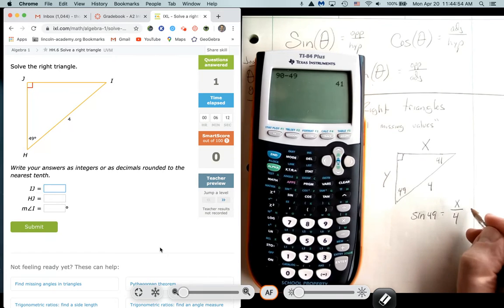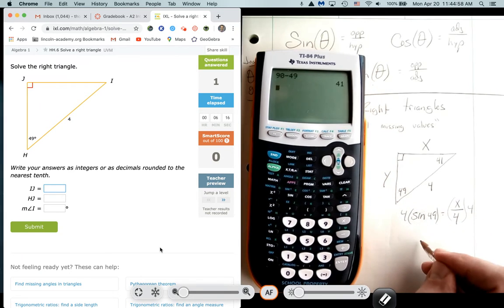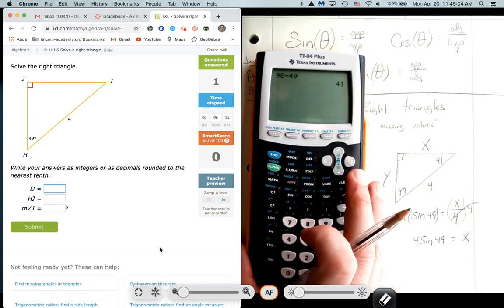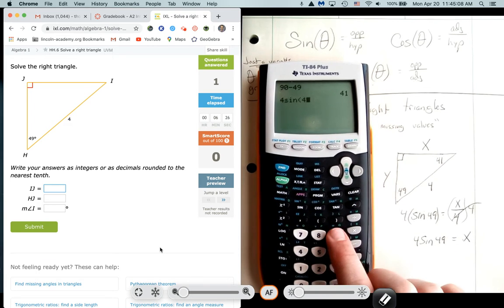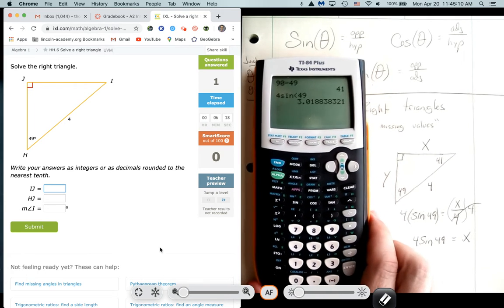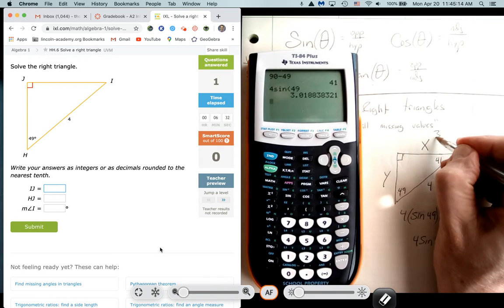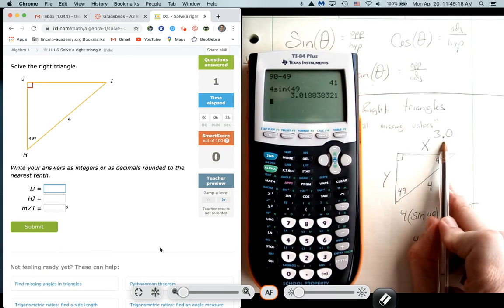Multiply both sides by 4, and I get 4 times the sine of 49 degrees is equal to x. On my calculator, I go 4 sine of 49 degrees, and I get 3.01. So this x is 3.0 if I round to one decimal place.